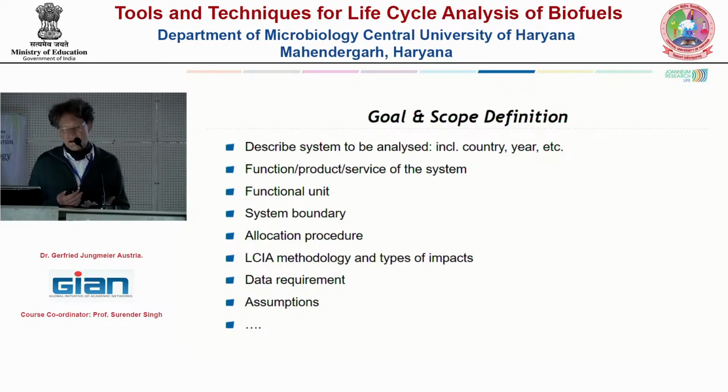And later on in the next lecture, you will also see that maybe not all of these impacts can be assessed with the same accuracy, with the same certainty. There are some more uncertainties if you talk about human toxicity or greenhouse gas emissions. So in the assessment methodology, there's still a little bit of difference, and we will discuss that.